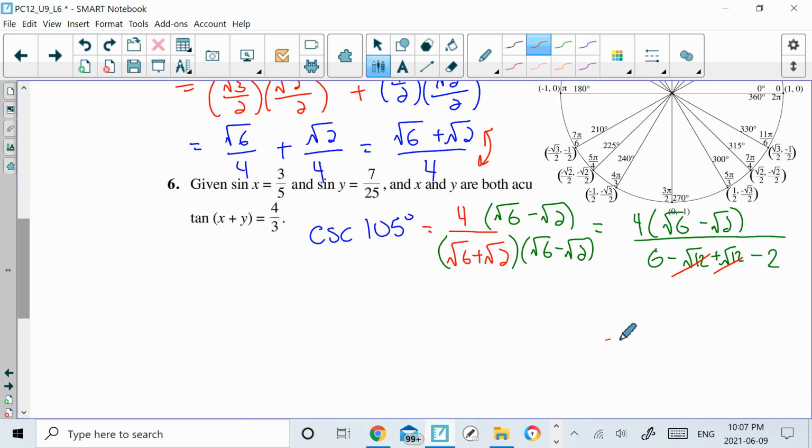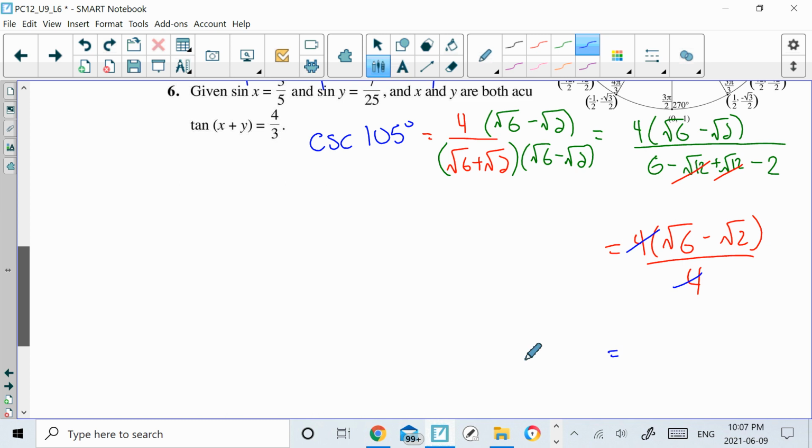What I get then is the cosecant of 105 degrees is 4 times root 6 minus root 2, all over 4. 4 over 4 becomes 1. And then the cosecant of 105 degrees is equal to root 6 minus root 2.